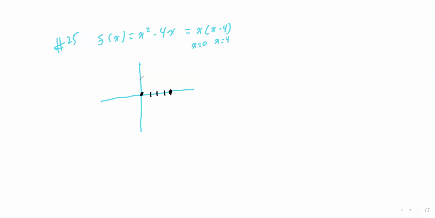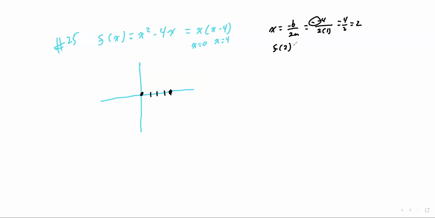And then if I want to find the vertex, I can again use my formula from an earlier chapter of negative b divided by 2a. So this gives me negative 4 divided by 2 times 1. So that's going to give me a positive 4 over 2, which is just 2. Back substitute that in.